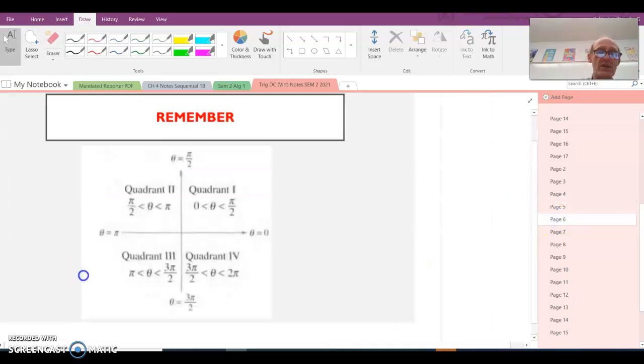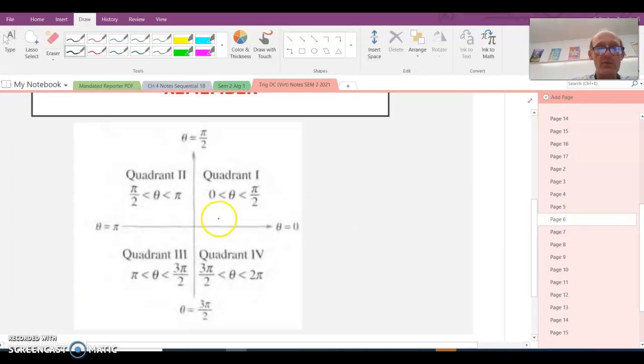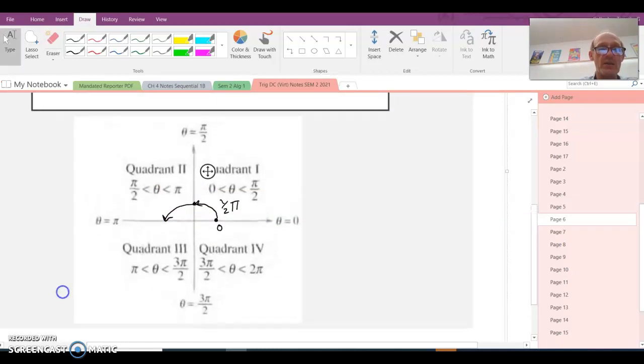Now we've got to remember that the first quadrant is between 0 and 1/2 pi, which is pi over 2. Now 1/2 pi to pi is quadrant 2, and 1 pi to 1.5 pi is quadrant 3, and then 1.5 pi to 2 pi would be quadrant 4.